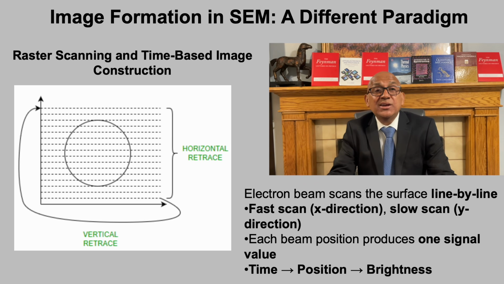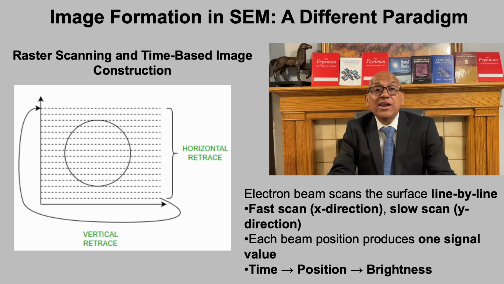From that position, the specimen emits a signal such as secondary or backscattered electrons, and the intensity of that signal is recorded. That signal intensity is then assigned a brightness value on the display. In this way, time is converted into position and position is converted into brightness.